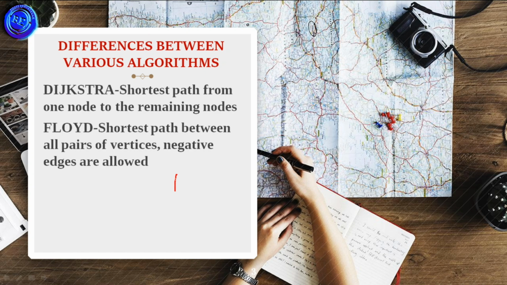In Dijkstra we didn't have negative edge values, but in Floyd-Warshall we have negative edge values and we find the shortest path for all vertices. I hope you understood it.